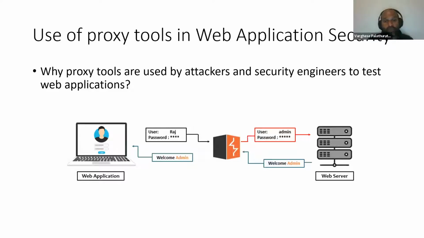A typical proxy tool is integrated or configured with the web browser, and it listens at a particular port. Whatever input you as an attacker, or as a man in the middle, try to submit from the web browser, it is able to intercept and then automatically or manually manipulate, and then send it to the backend server.